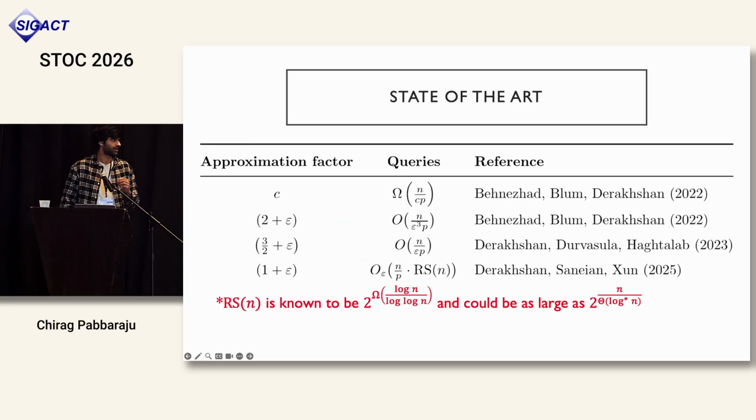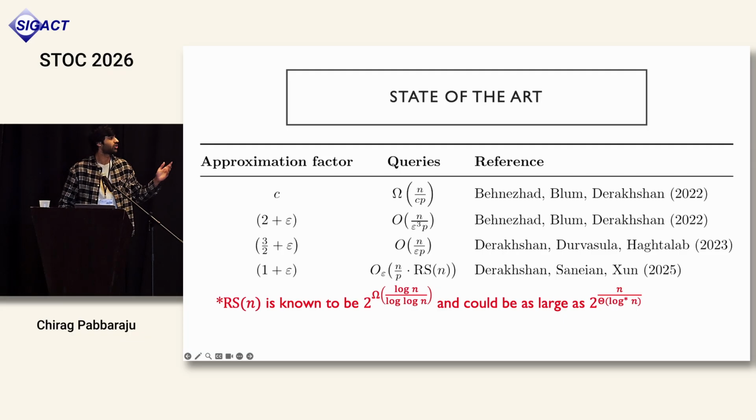And in fact, it has been established in the original work of Behnezhad, Blum, and Derakhshan that to get any constant factor approximation for this problem, you need to at least query n over p times to the base graph. So you need to at least do a linear number of queries in the vertices and inverse linear number of queries in the sampling probability.